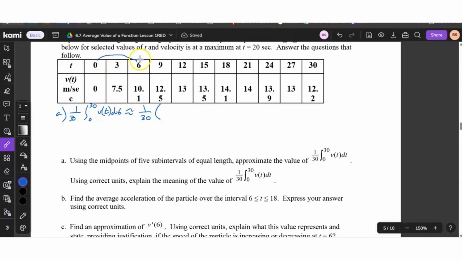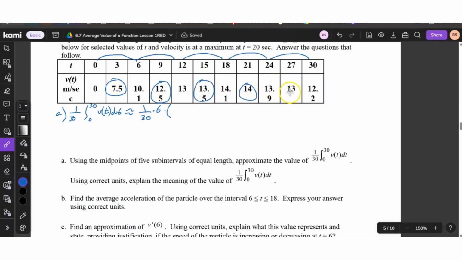I'm going to guess it's this much, but let's check. 1, 2, 3, 4, 5. All right, so all of my widths are 6, the half is 3. So I can pull that 6 out front. And then I just need all my heights, and it's the midpoint, so it's going to be all those ones in the middle, right?